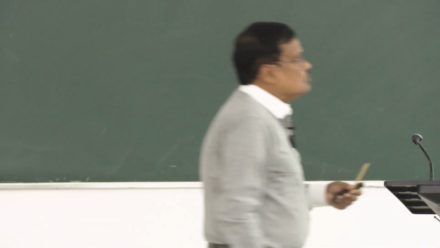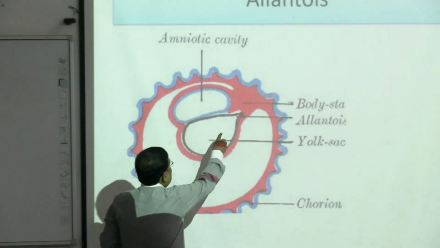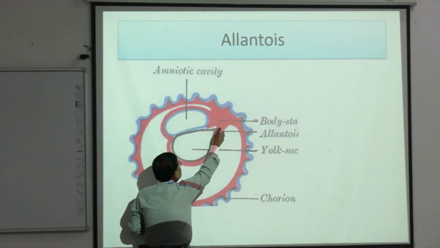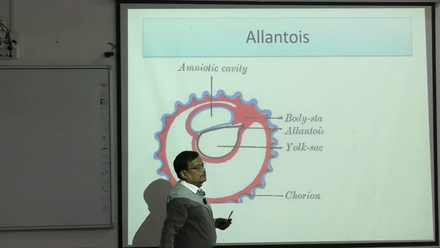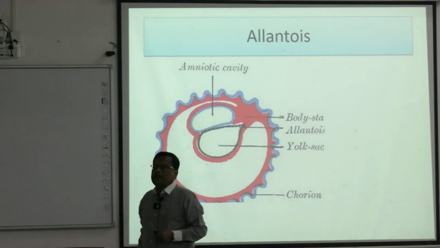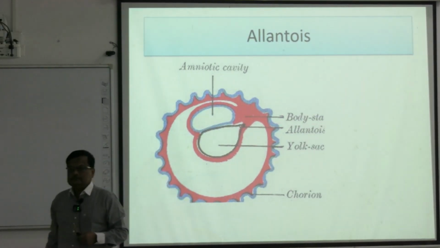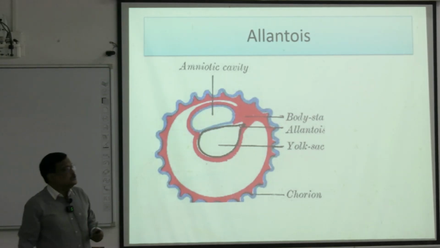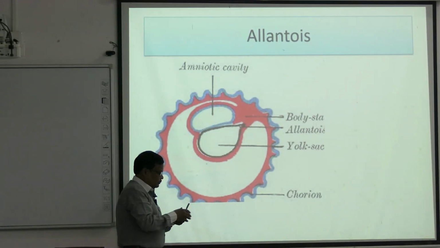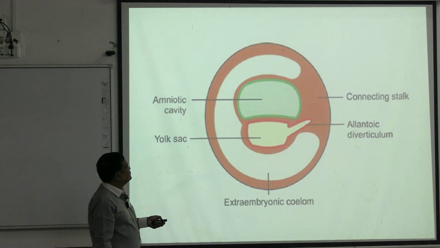A part of the yolk sac goes inside the connective stalk, which forms the allantois, and this part we will come to later.